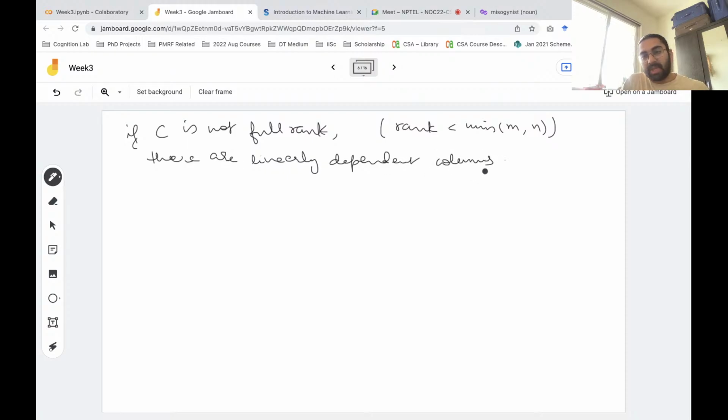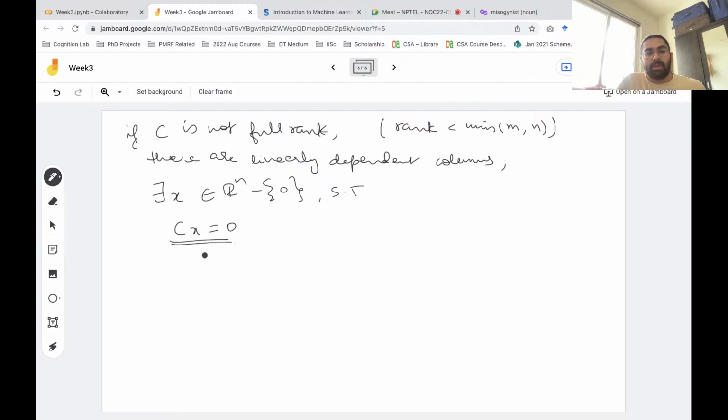And if there are linearly dependent columns, I can always find, so there exists a vector x, which belongs to R^n minus 0, such that Cx will be the 0 vector.